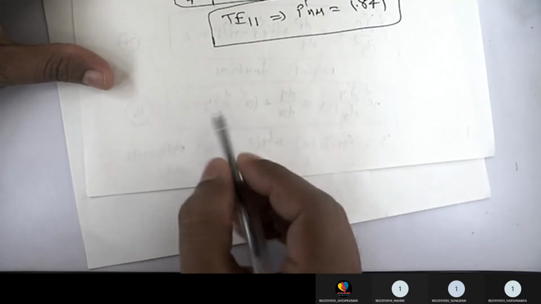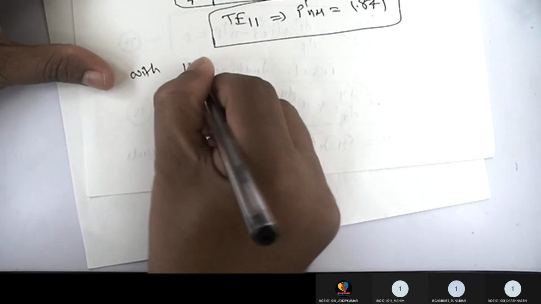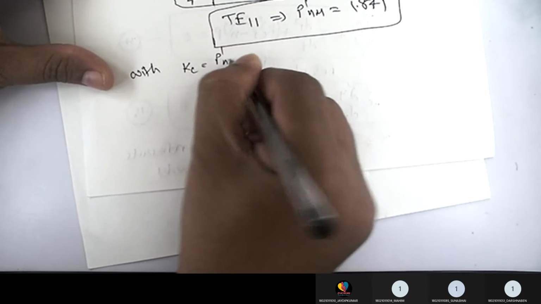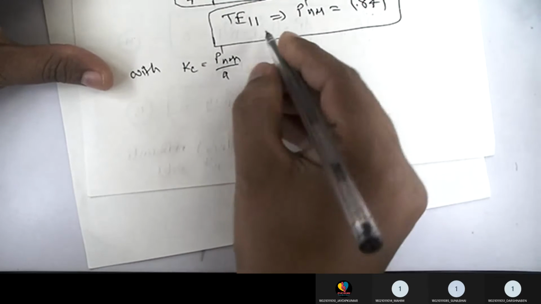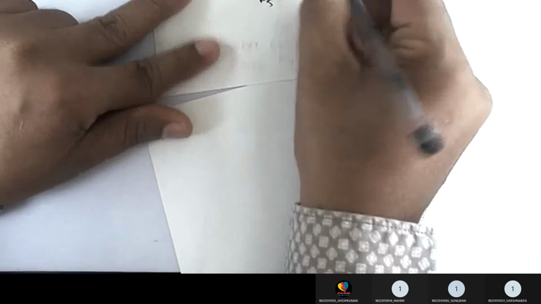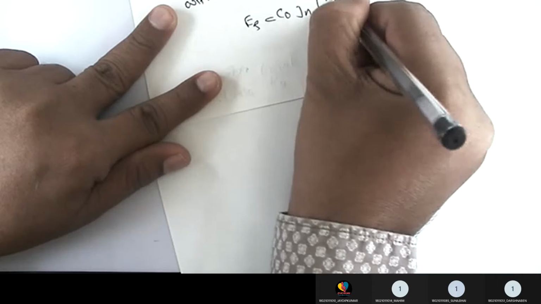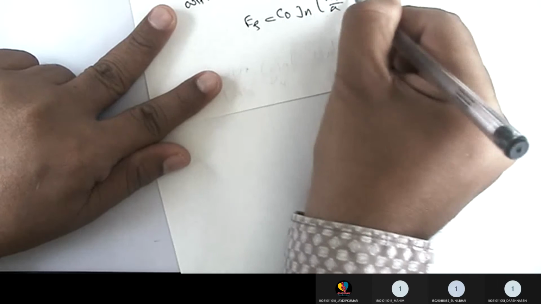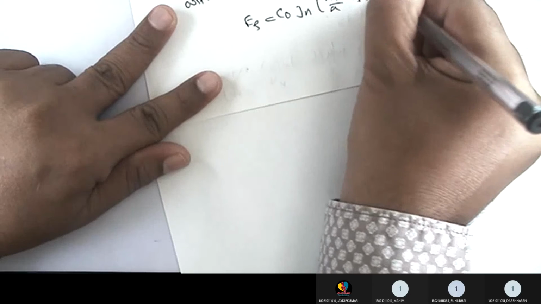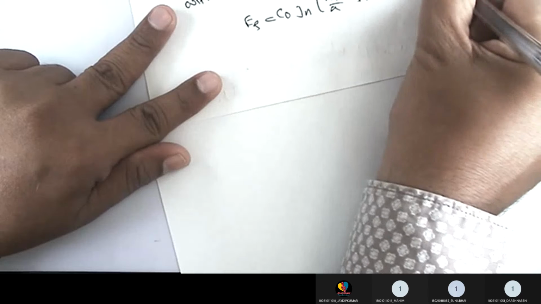If I substitute Kc as P'nm by a, then I will get the final expressions. E rho will become C0 Jn P'nm by a into rho into sine n phi e raised to minus gamma z.